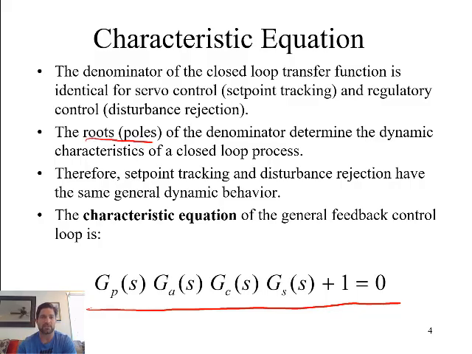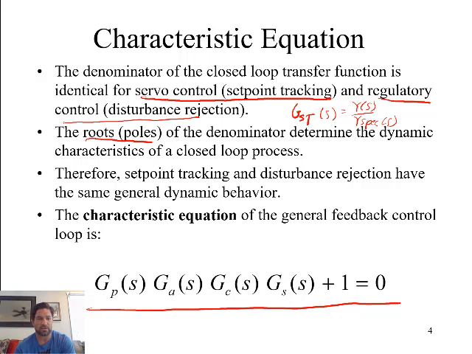So again, the denominator of the transfer function is identical for both systems. Just to introduce a little more terminology, set point tracking, or servo control, is what we did for the output ys over input y specified s. These are interchangeable terms, or we can also have regulatory control.